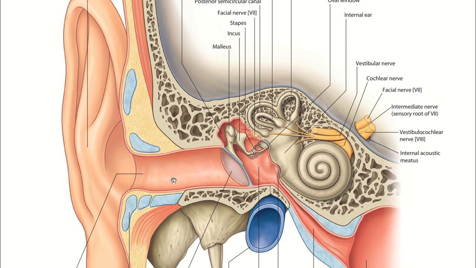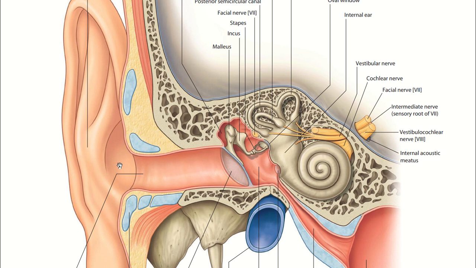This canal is divided into thirds. You have your lateral one third, which is the elastic cartilaginous third, made of elastic cartilage, and then your bony portion, which is your medial two thirds. Right here is your medial two thirds, and right here is your lateral one third.